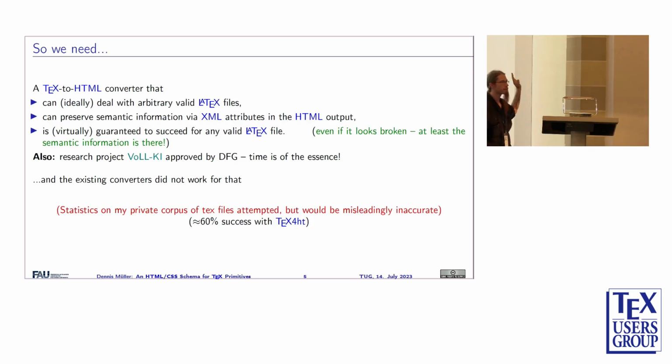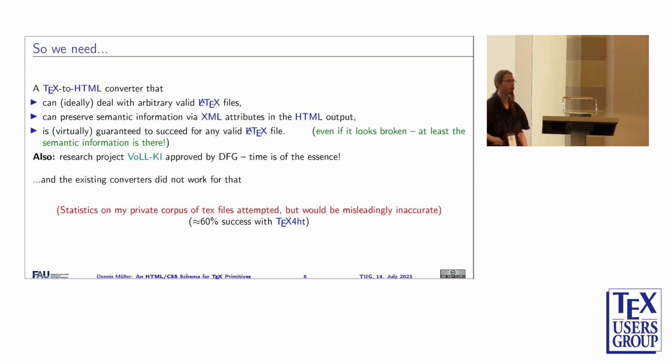And since our expected corpus of STEC documents is highly heterogeneous, it should be virtually guaranteed that it succeeds for any valid LaTeX file. Even if the output might look broken, if the conversion succeeds in the sense that it does not fail, at least we have a document where we can get at the semantic information, even if it looks kind of broken.